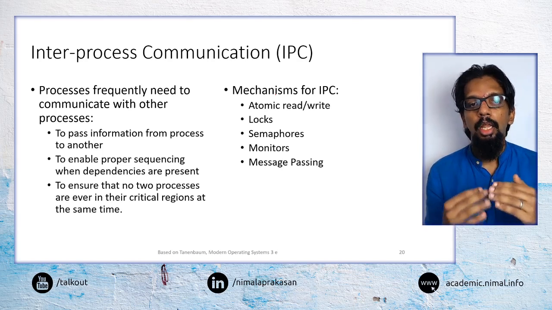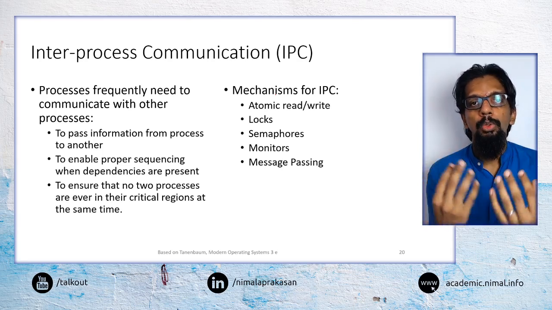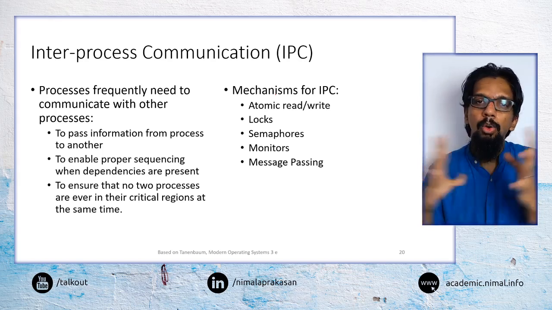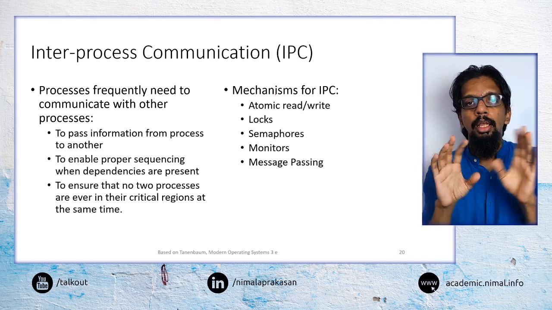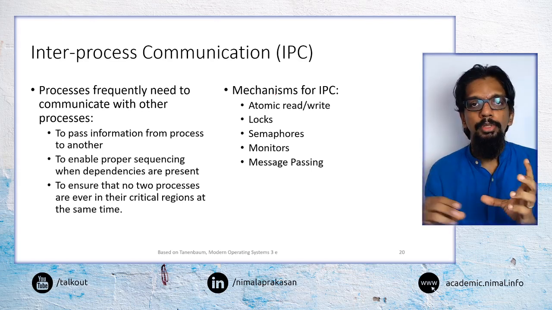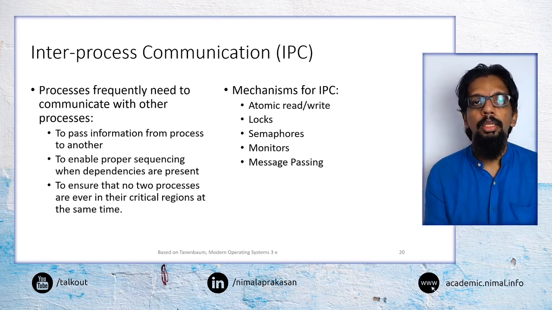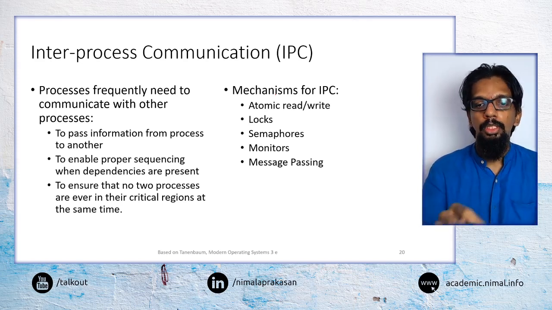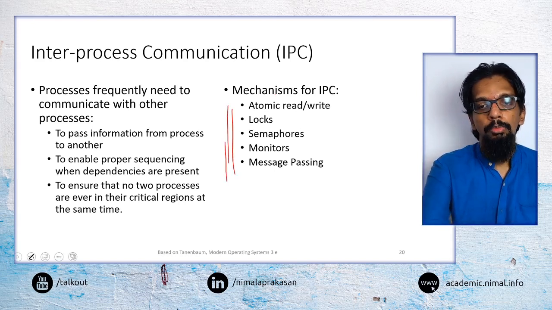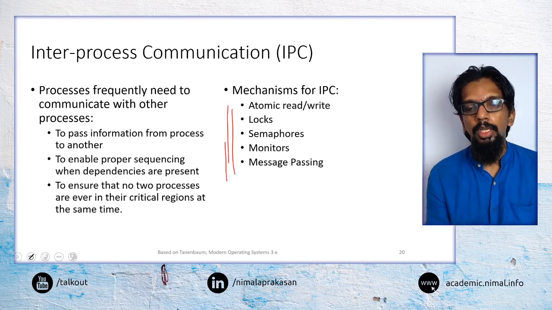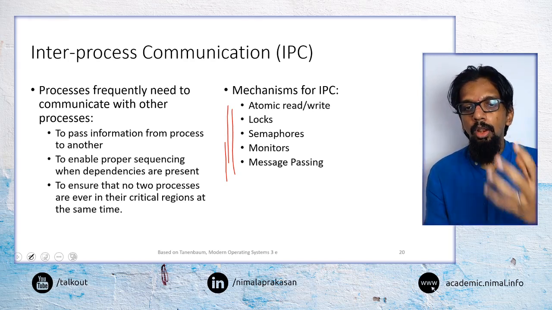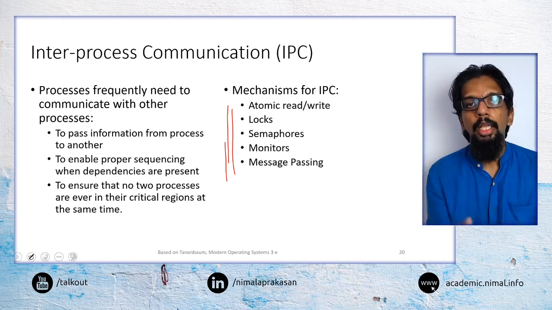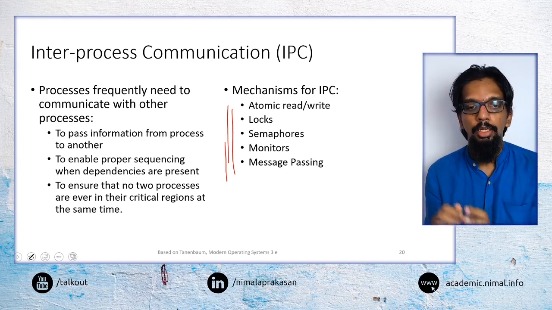These are some of the challenges we want to avoid, and we do this by what we call inter-process communication, or rather how multiple processes can share information among themselves to manage them running in a multi-programming environment. We have a number of approaches that we can take to do IPC, or inter-process communication. We are not going to discuss a lot of them in detail today, but we will briefly touch upon some of these in today's lesson.